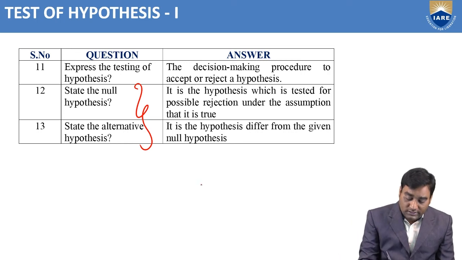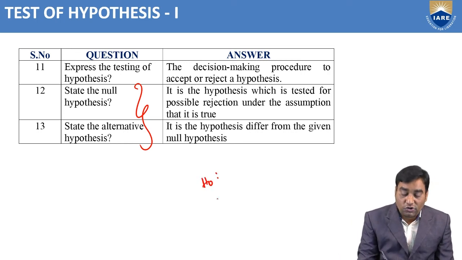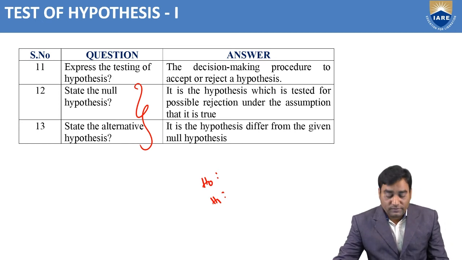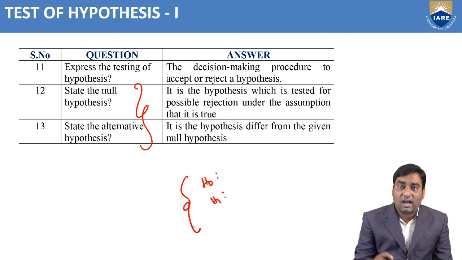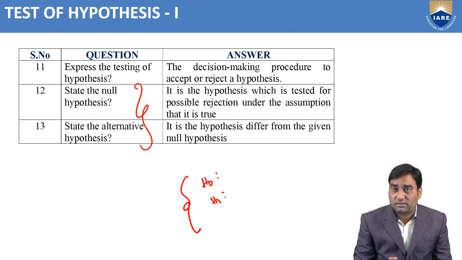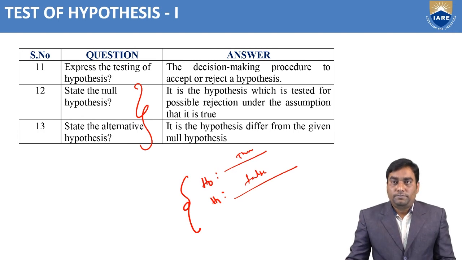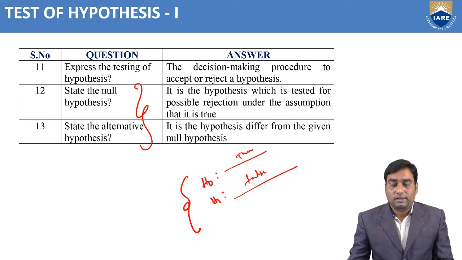The null hypothesis is defined as H0 and the alternative hypothesis as H1. These two hypotheses are just our assumptions. We assume the statement is true, or we assume the statement is false. That is the difference between null hypothesis and alternative hypothesis.